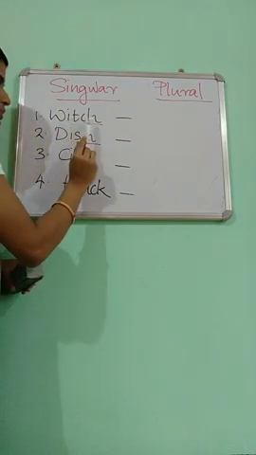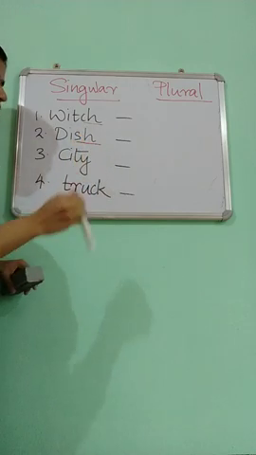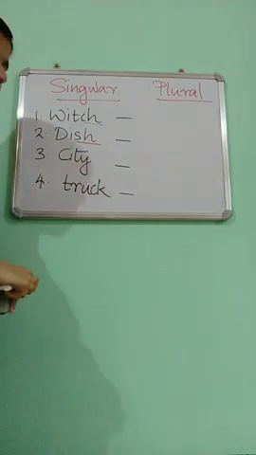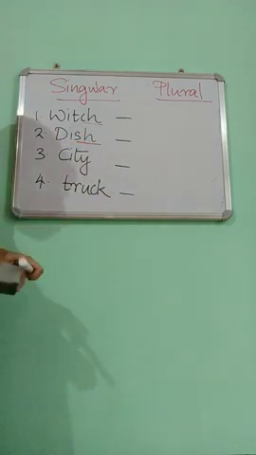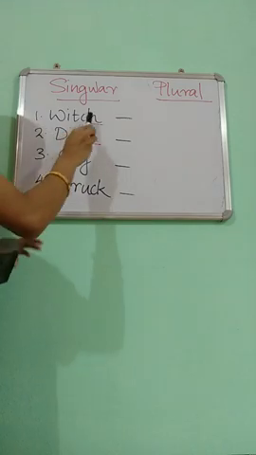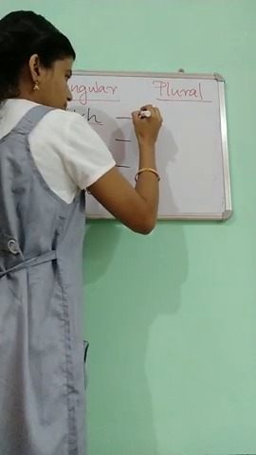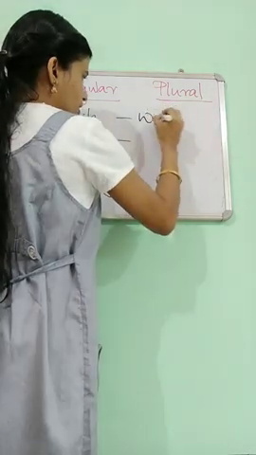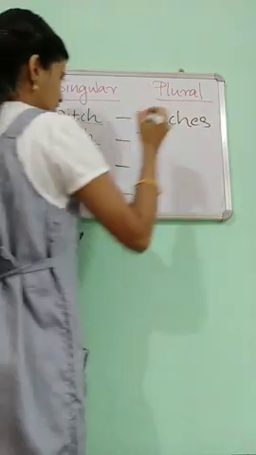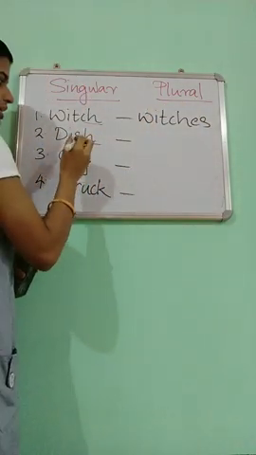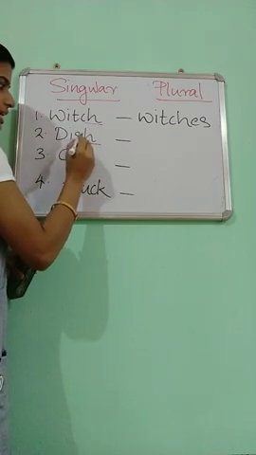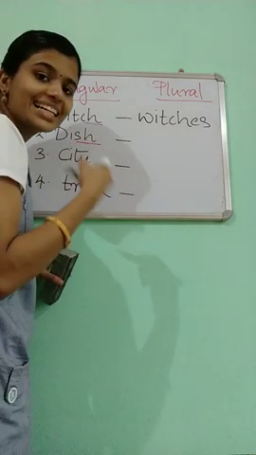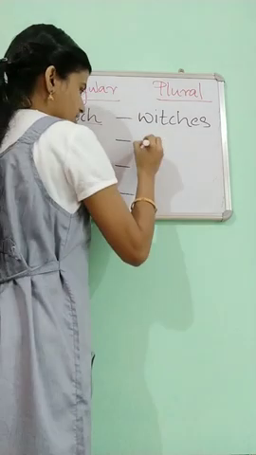In the case of the first word, which, the last letters are CH. So, we should add ES at the end of this word to change it into a plural. Witches. Okay, then dish. Again, the last letters are SH. So, we should add ES at the end.